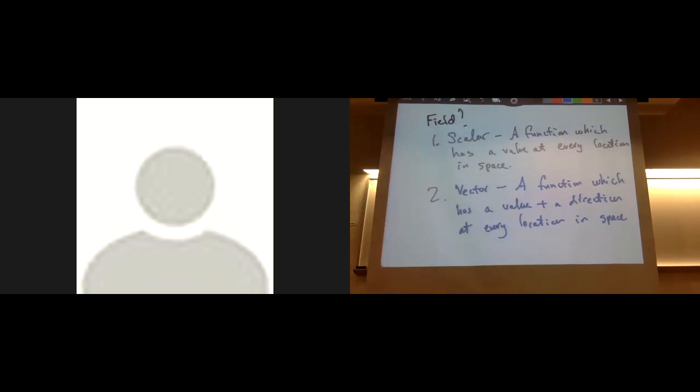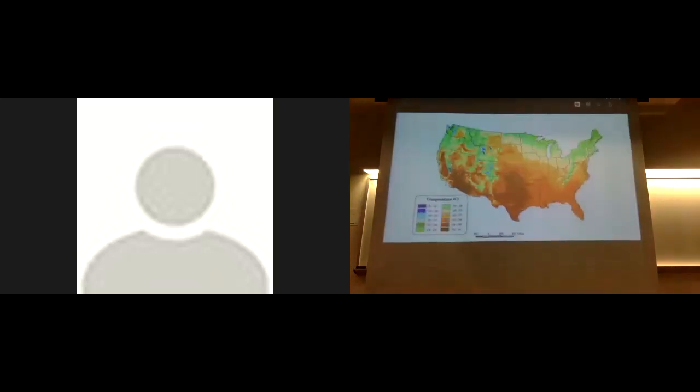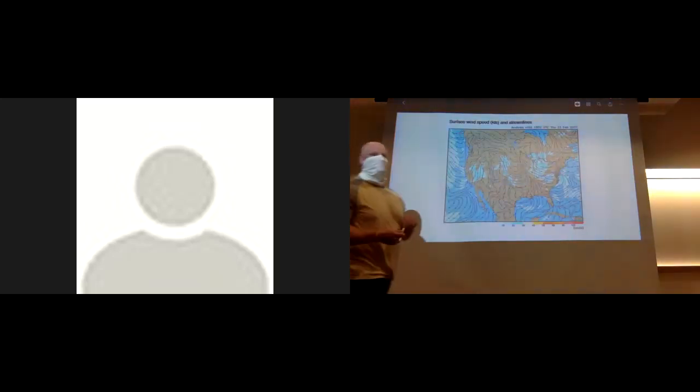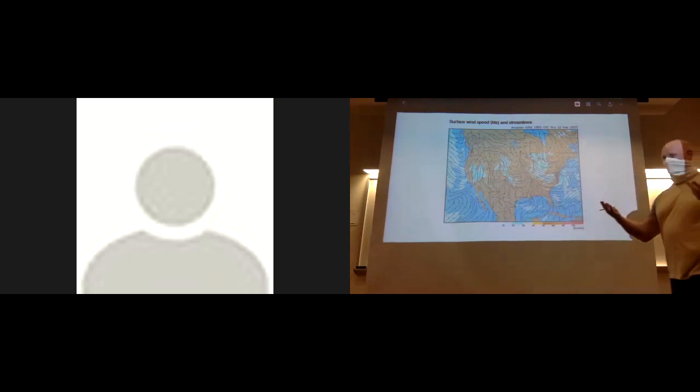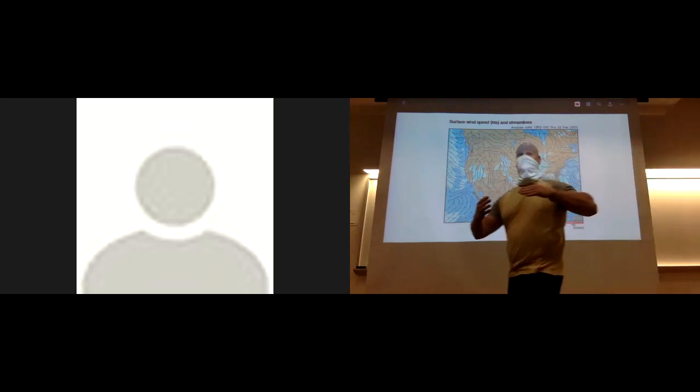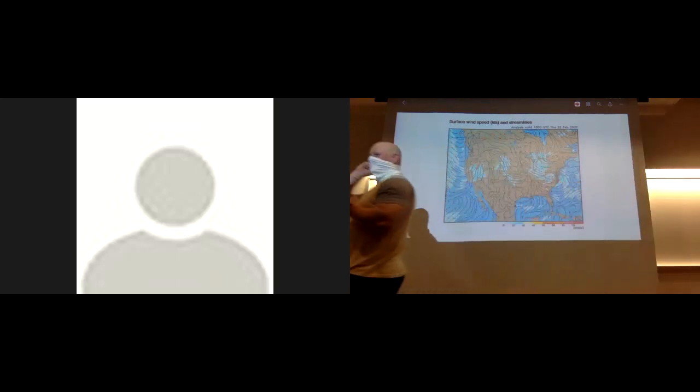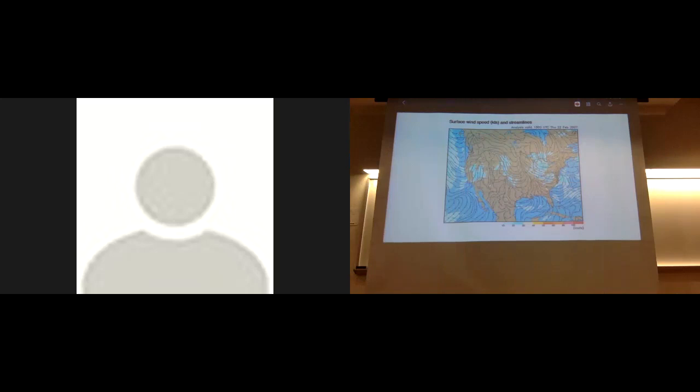Good example of a vector field is a wind field. So I can say that here in Evansville, the wind is blowing at, say, 10 miles per hour north. That's a vector field. Every different location has a different value of the field, but it also has a directional property associated with it as well.